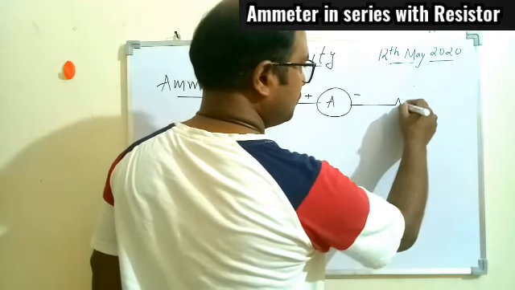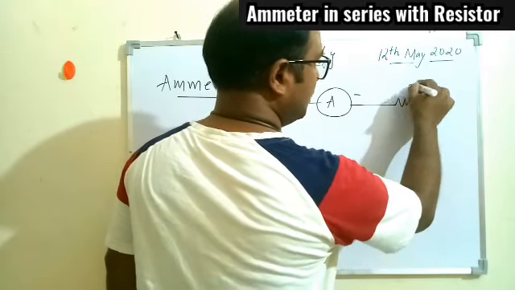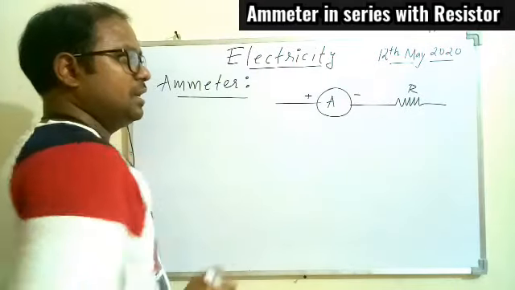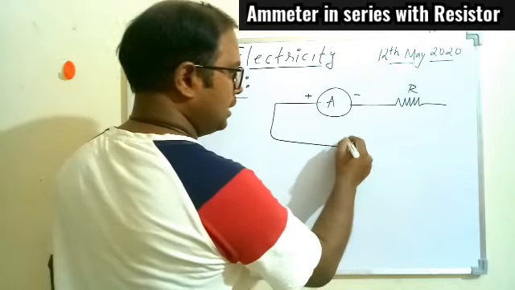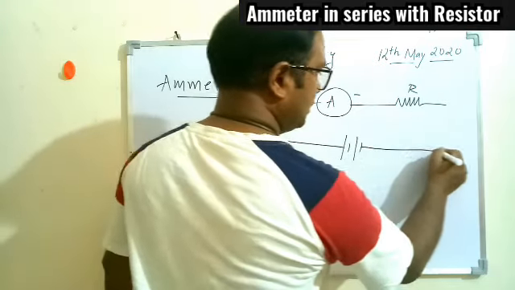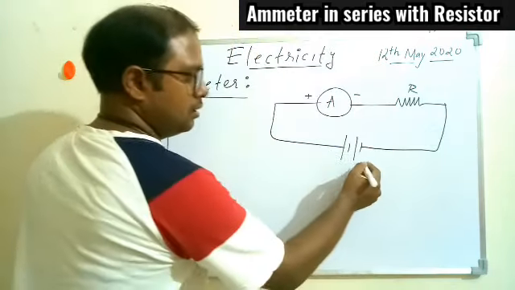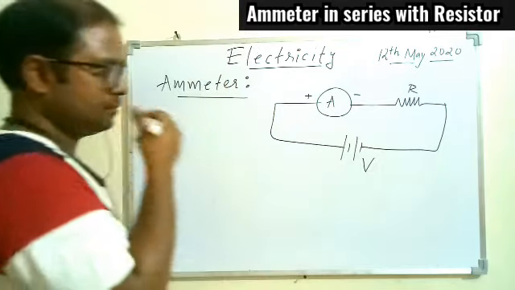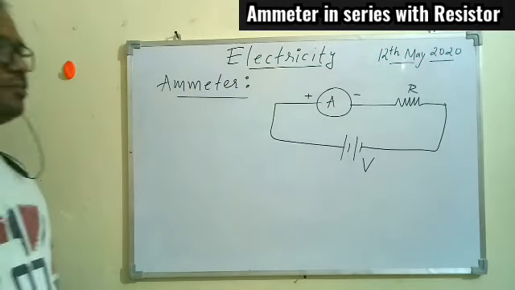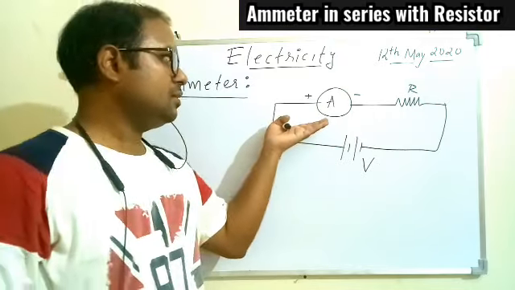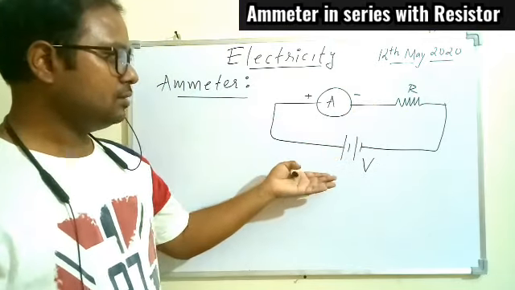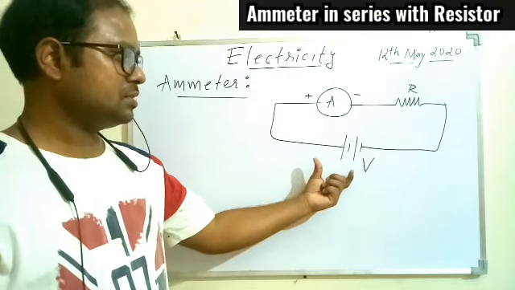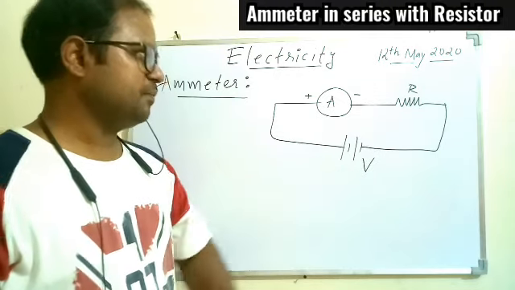So if we have a circuit with resistor R, then with R we connect the ammeter in series, and let the battery be of V volts. The ammeter is connected in series with the resistor R, and the potential difference of the battery is V.